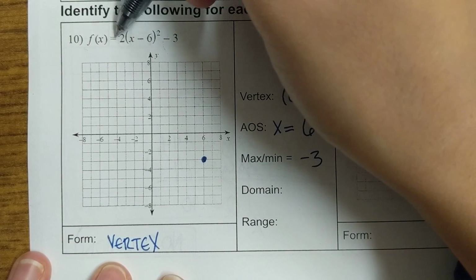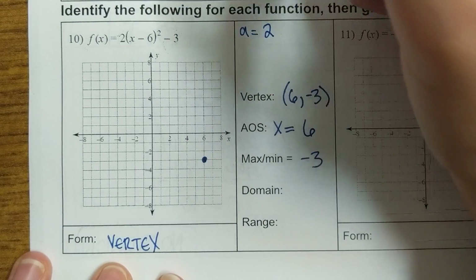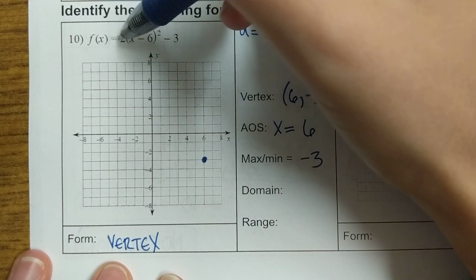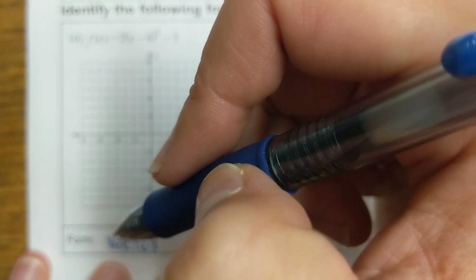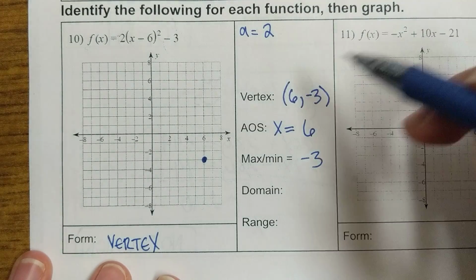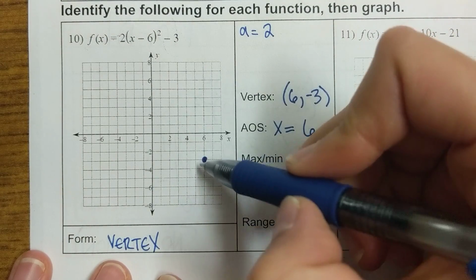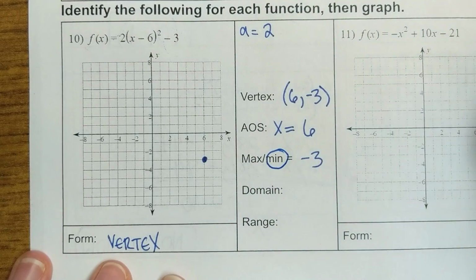If a, okay, so here a is 2, that's our stretch. If there's a negative in front of a, then we have a parabola that opens down, and if there's a positive, it opens up. If it opens up, that means the vertex is your minimum.